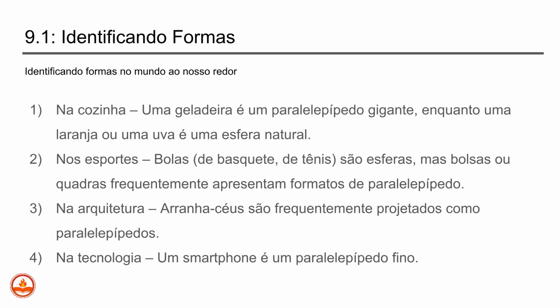In sports, balls such as basketballs and tennis balls are spheres, but bags or courts often involve cuboid shapes. In architecture, skyscrapers are often designed as cuboids. Also, in technology, a smartphone is a thin cuboid.